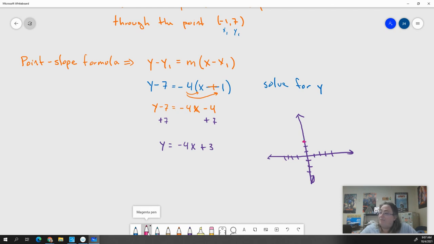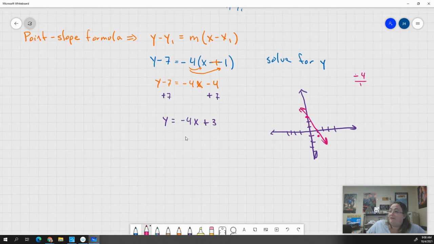My slope is -4, so that's like -4 over 1, right? And I could go down 1, 2, 3, 4, and over 1. And I have 2 points, and I've graphed the equation of that line, except for I'm actually supposed to run that line through both points, but I missed entirely. But you get the general idea of it, right?